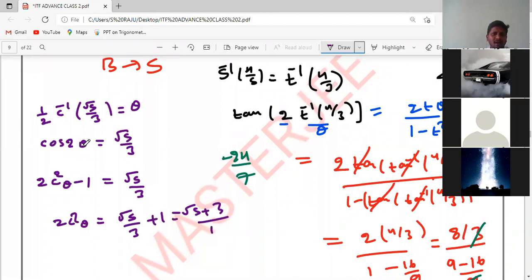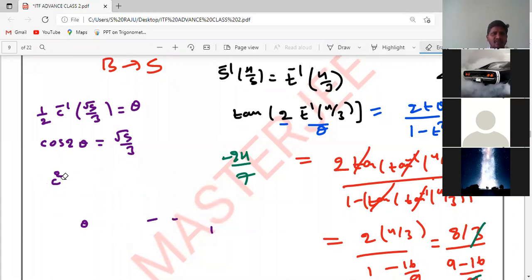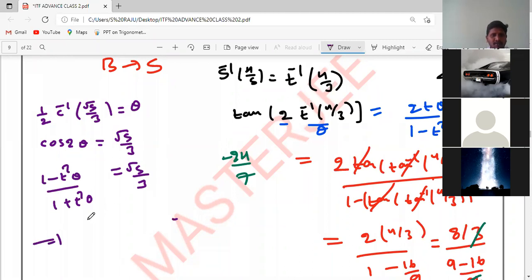Otherwise, you do one thing: this cos 2 theta I can write as 1 minus tan square theta by 1 plus tan square theta. With 1 minus tan square, you will get the tan value directly. So that is better. Even in this case, after finding cos, you need to find tan again. So why don't you substitute here: 1 minus tan square theta by 1 plus tan square theta is equal to root 5 by 3. Then you can cross multiply: 3 minus 3 tan square theta is equal to root 5 plus root 5 tan square theta. You can take all tan square theta values to one side.